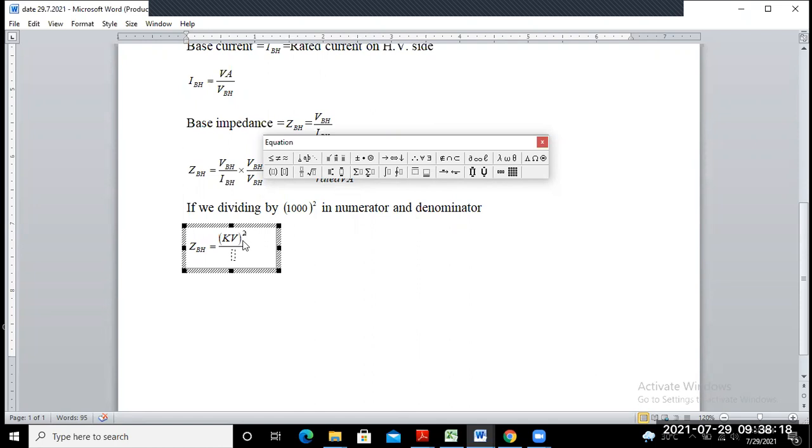This one you always write with the suffix BH, because all the quantities are referred along the high voltage side. And this is your base MVA on the high voltage side, MVA base BH.